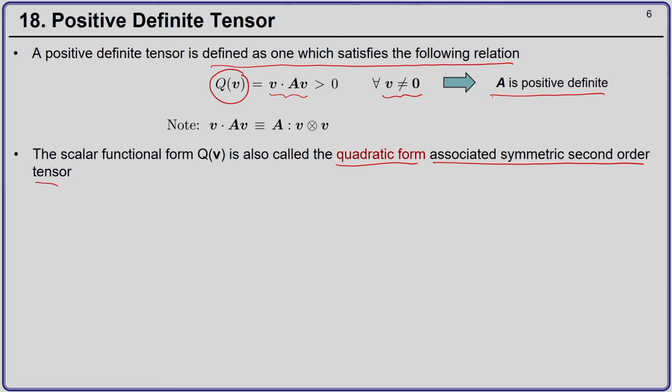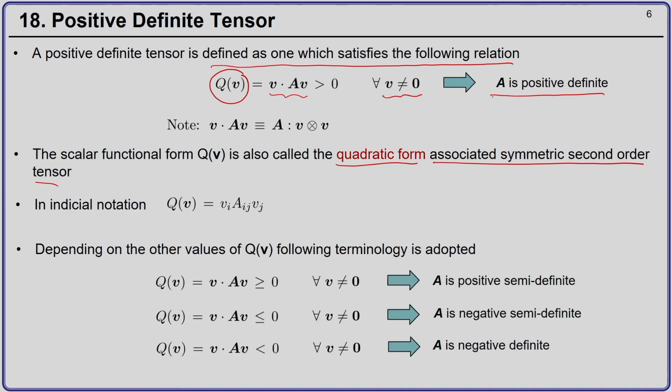Now, there can be other terminologies for the quadratic form Q V associated with the values of V dot A V. Say V dot A V is greater than or equal to 0. Earlier it was only greater than 0. Now, if you allow values to go to 0, for all V's which are not equal to 0, then A will be called positive semi definite.